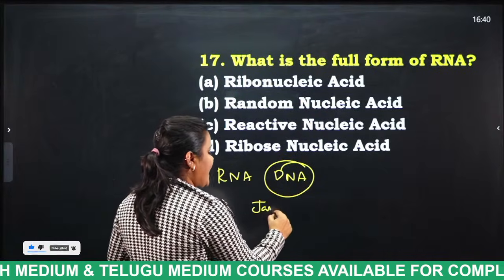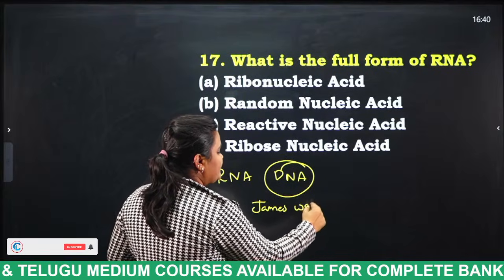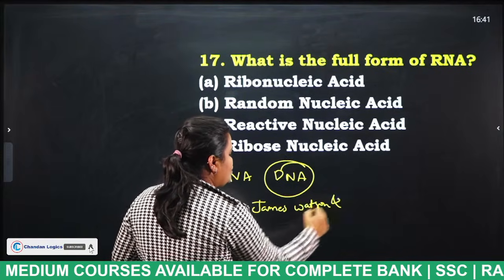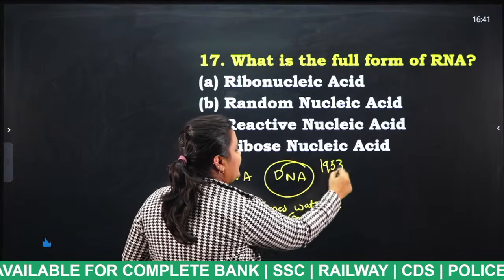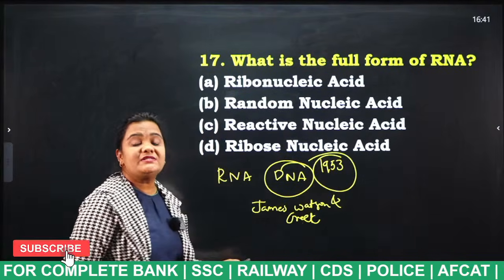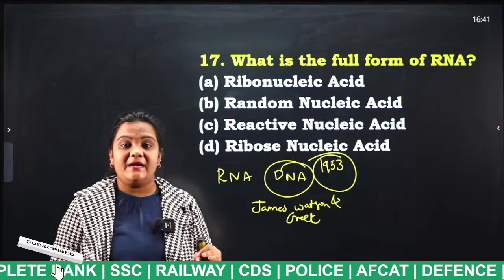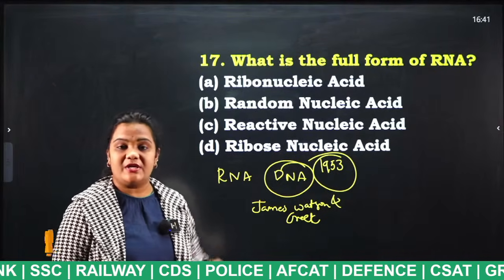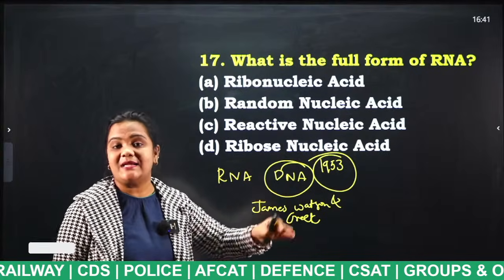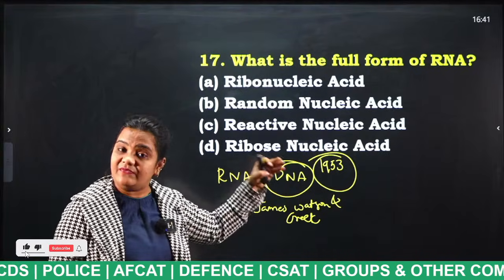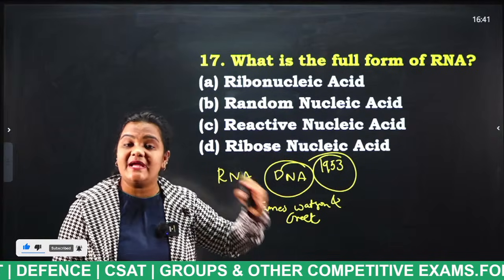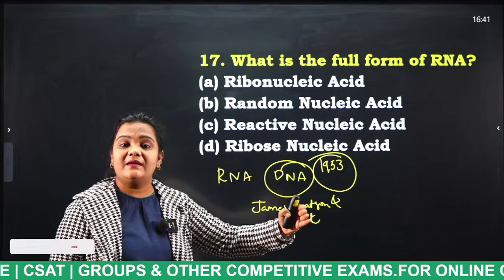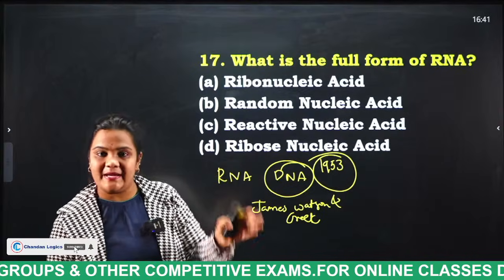James Watson and Crick discovered DNA in 1953. It is genetic material with a double helical structure. By this DNA, we can guess which parents the baby belongs to.